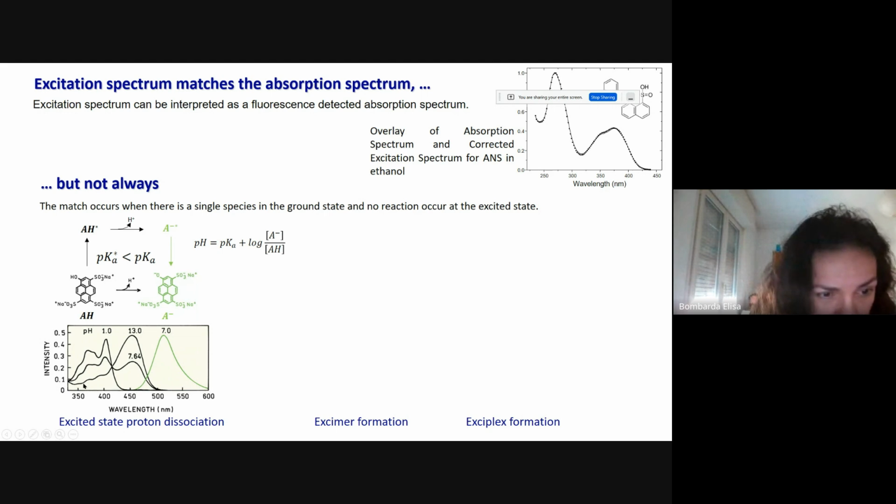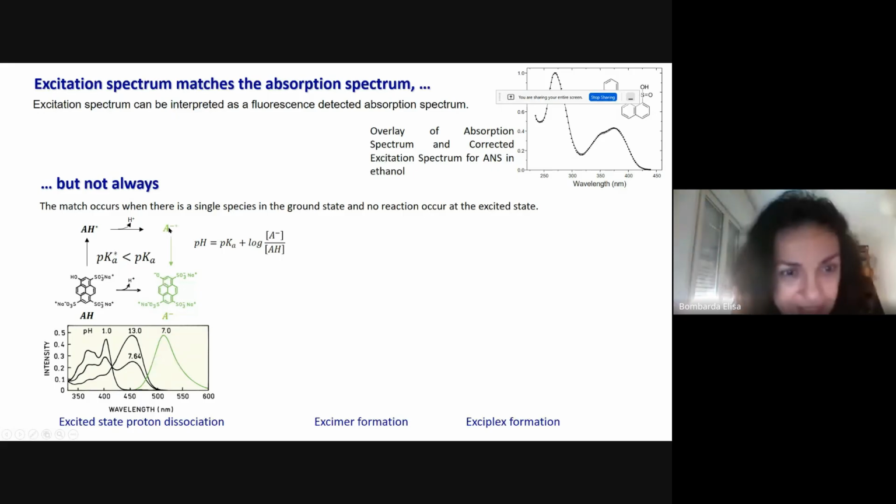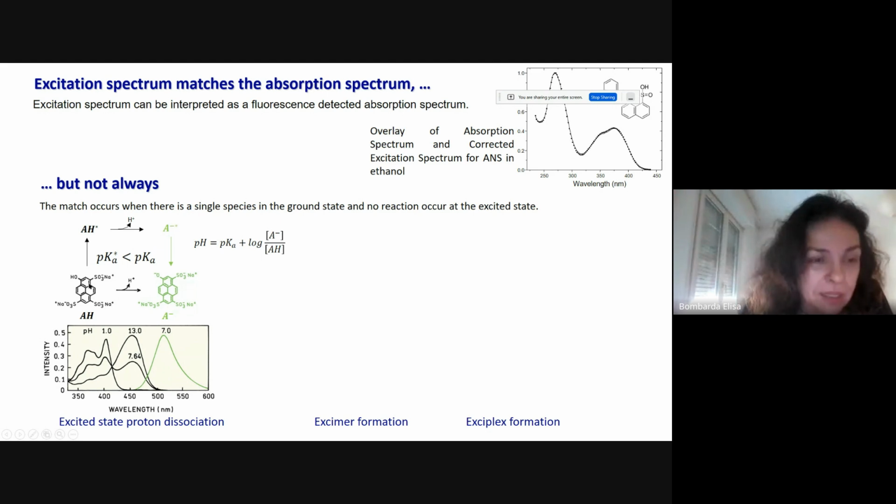And so you see that the excitation spectrum is symmetrical to the fluorescence, because now it comes from the same species. It's like in the solution there is only one species. Instead, before, at acidic pH, I excited a different species, so the fluorescence comes from a different species. It comes from the deprotonated one.